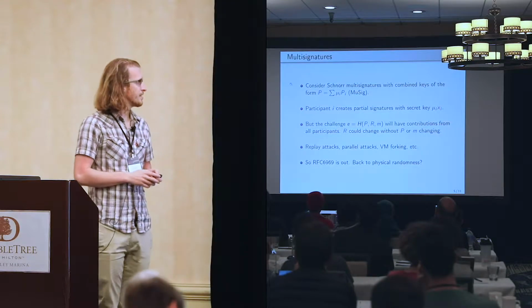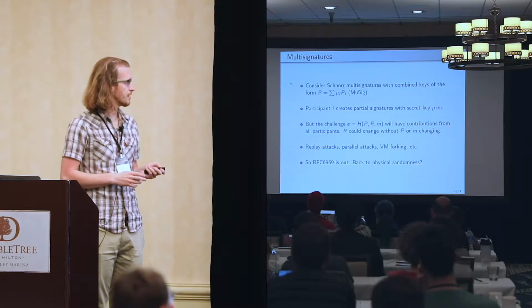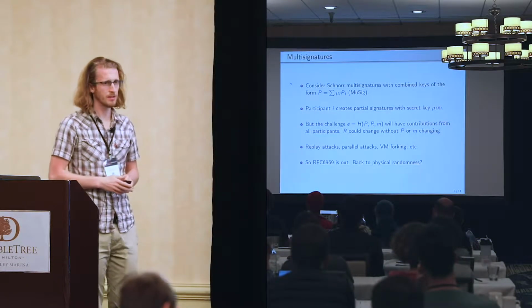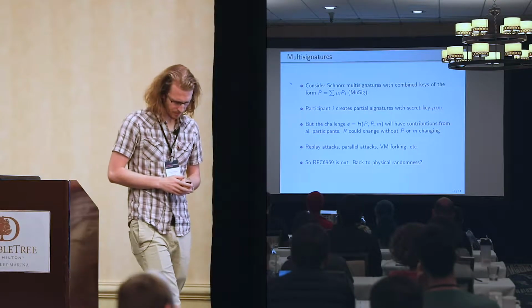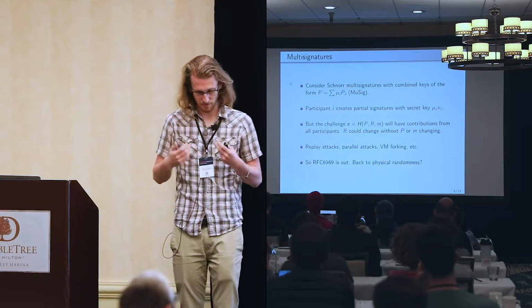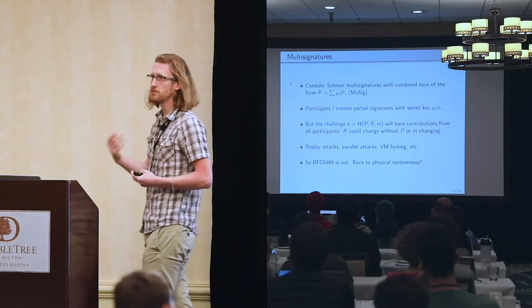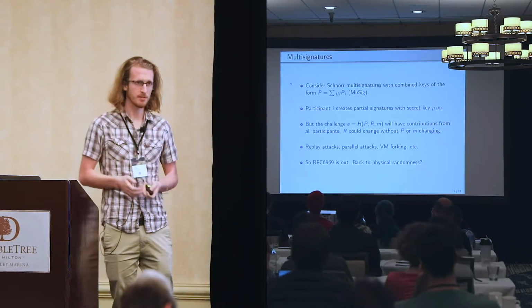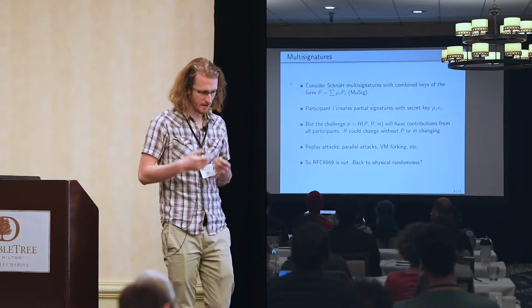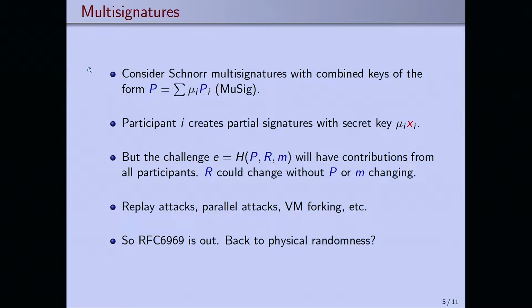And the issue here is that when these parties are generating their individual contributions to the nonce, they again have this problem where they need to produce uniform randomness. And the partial signatures that they produce that wind up being summed to the full signature need to have this uniform randomness in them. But what the partial signatures are signing is no longer this challenge E, which is a hash of the individual participant's stuff.